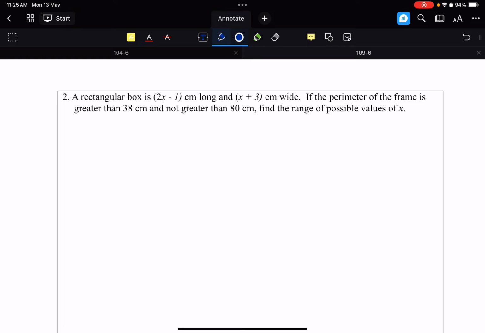I guess it's the final one. A rectangular box is 2x minus 1 cm long and x plus 3 cm wide. If the perimeter is greater than 38 and not greater than 80, find the range of possible values. So let's find the perimeter first. Perimeter is equal to 2x minus 1 plus x plus 3 plus 2x minus 1 plus x plus 3, right?